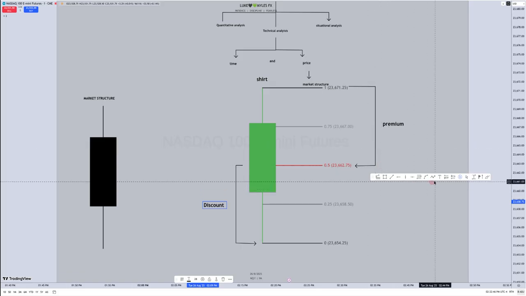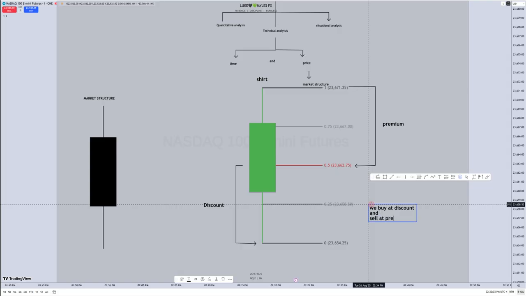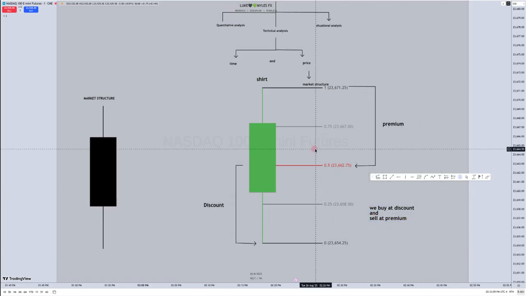Now there I formulate a law for you: we buy at discount and sell at premium. So you will not be looking to buy any of this share as long as it is at premium, because then you won't make any profit.